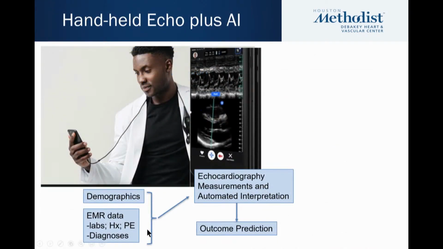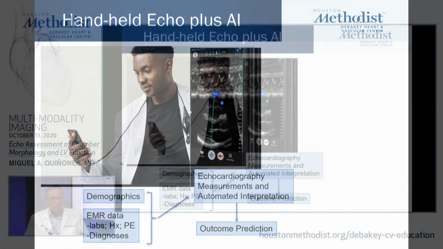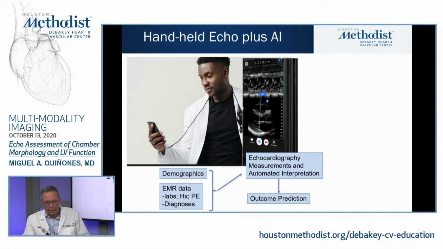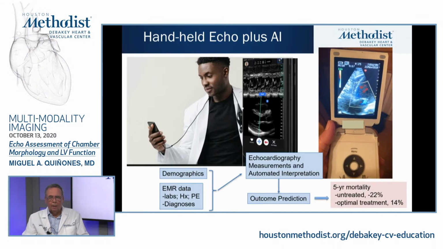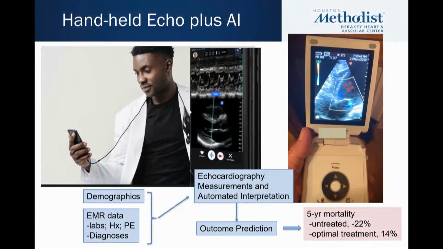So now we have handheld systems. If these handheld systems are helped by artificial intelligence so that a nurse can even get some data, or an internist, and this data is processed with automated interpretation and linked to the EMR data, an outcome prediction could come out. For instance, this is a patient I saw recently in our community clinic with a cardiomyopathy.